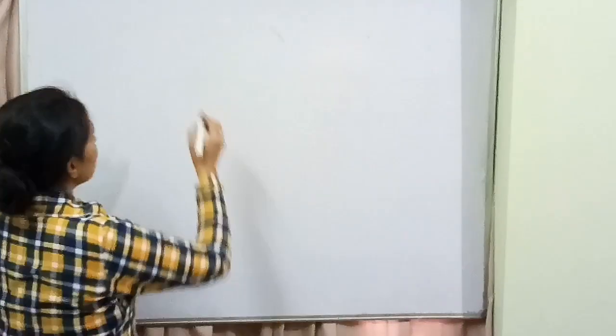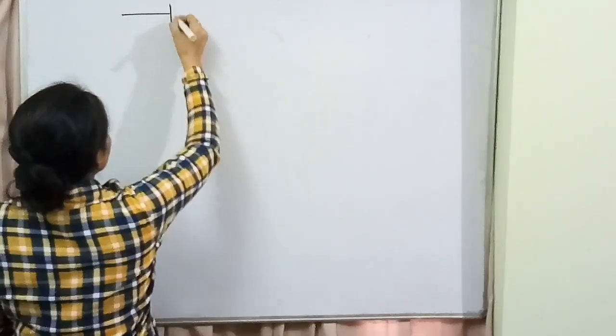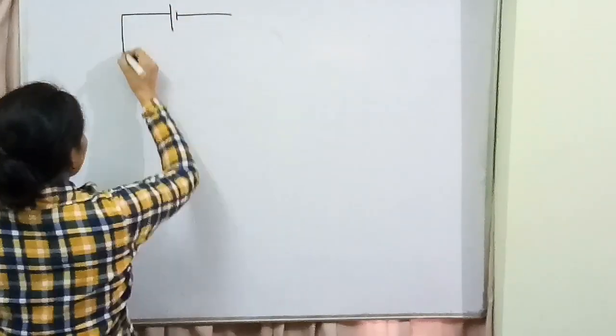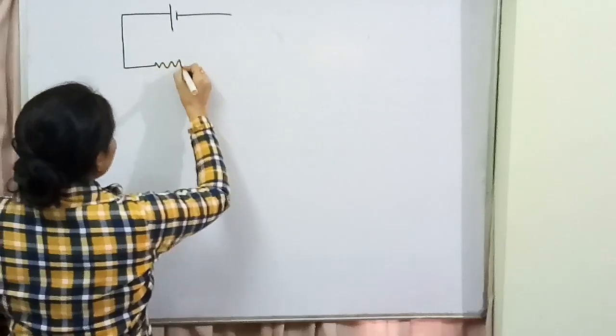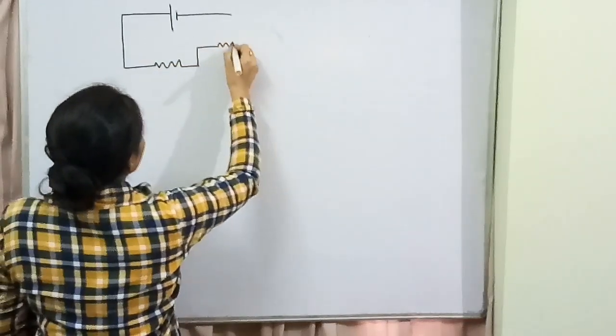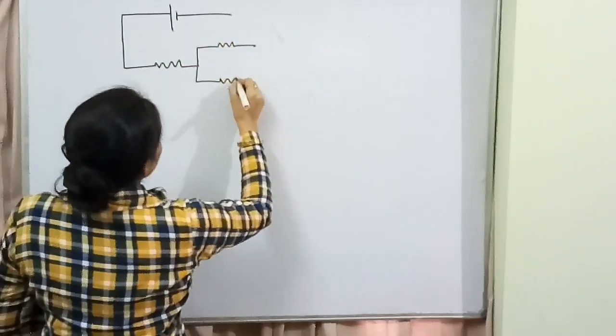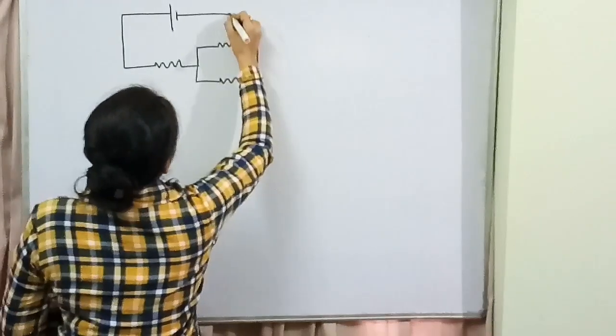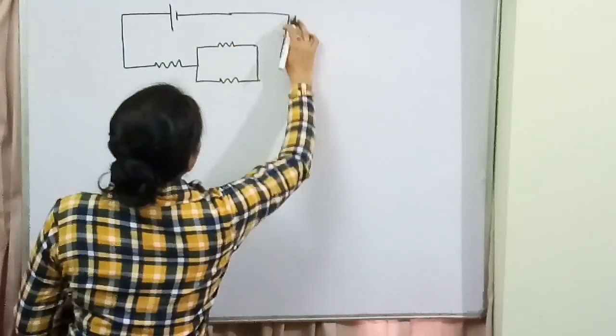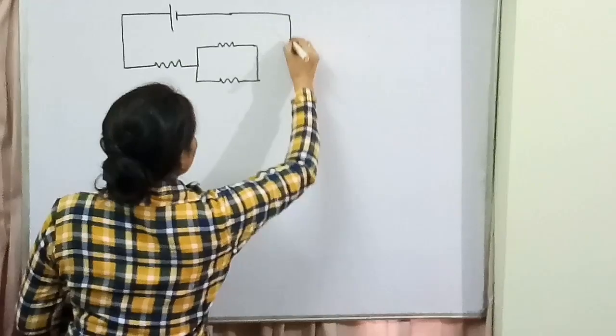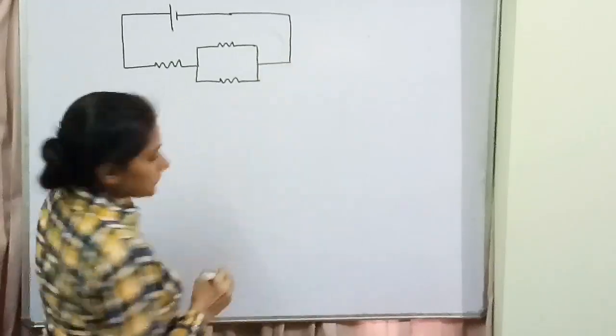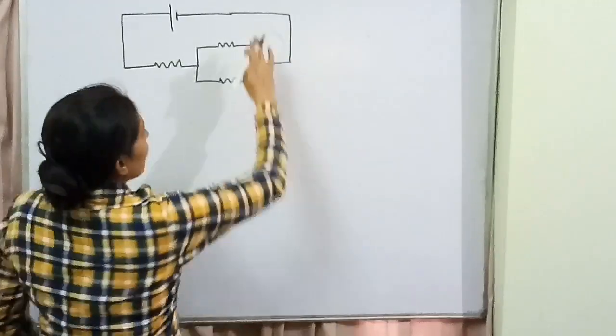That means whatever figure is given to us, we will be drawing in a similar way. This is 1 and 2 more are given here. This way.